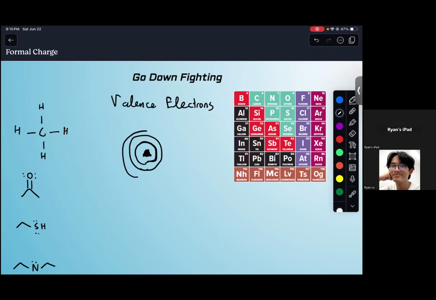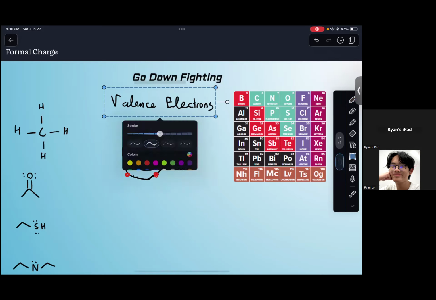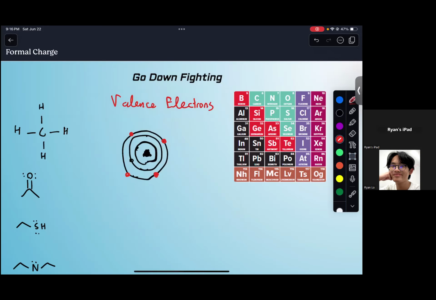You see concentric rings, and each ring is lined with electrons. On the outermost ring, I'll highlight these in red, these electrons are called valence electrons.